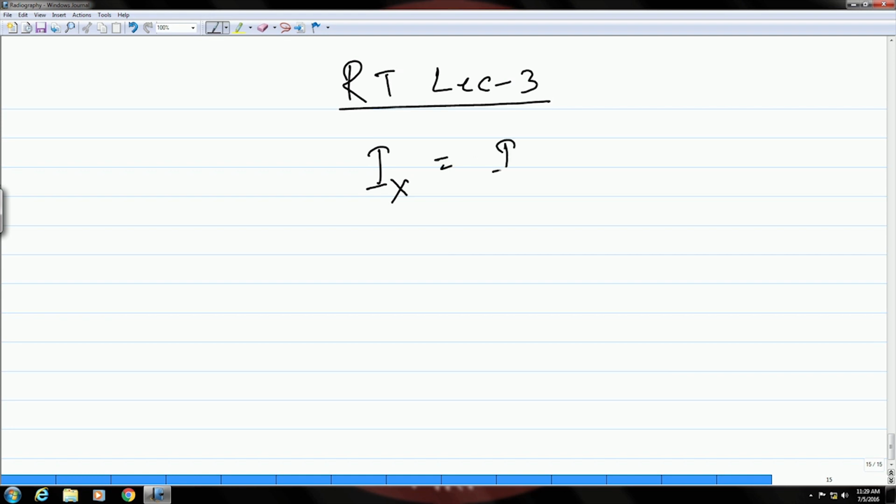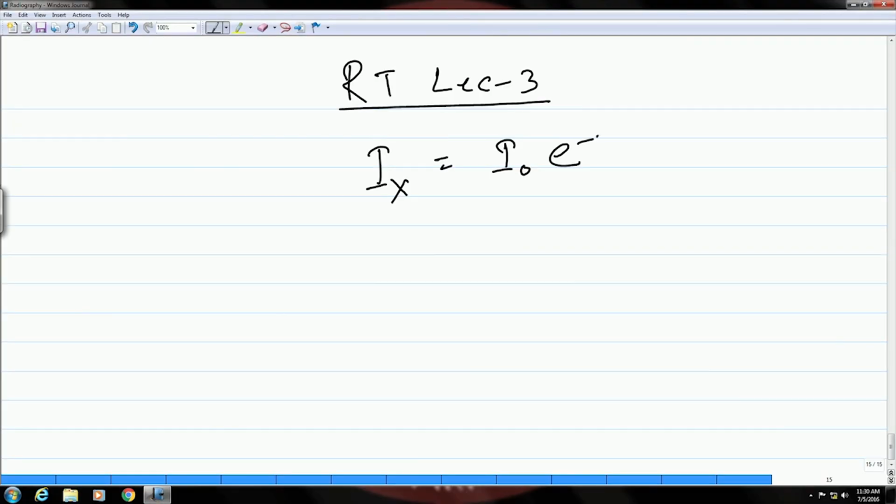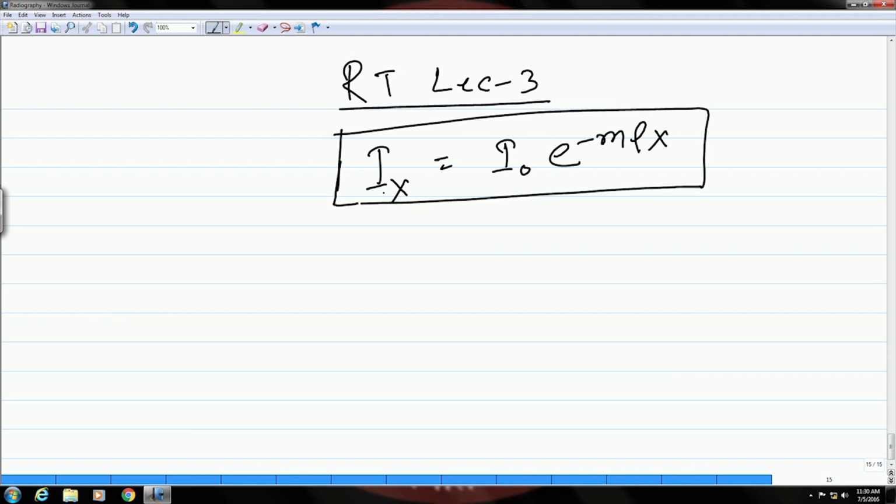That when X-rays travel through matter, there is attenuation or decrease in the intensity of the X-rays, which is proportional to the distance through which the X-rays travel and the absorption property of the material through which the X-rays are traveling. So, this is what we derived, and this will form the basis for the radiographic testing.